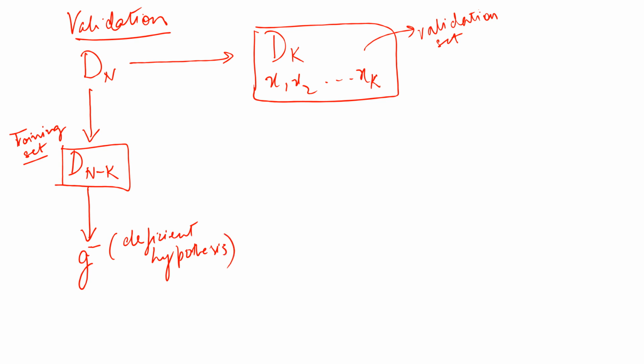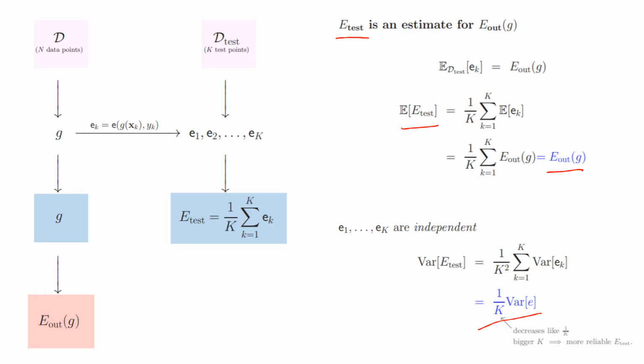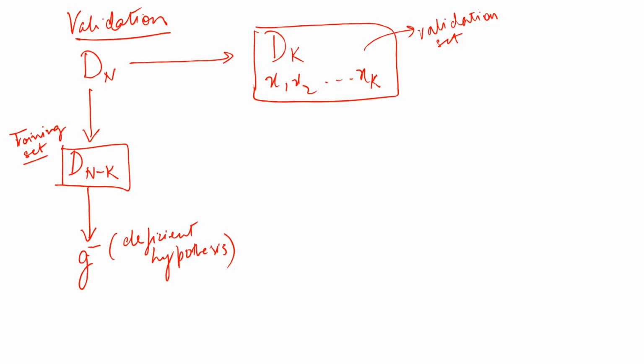Okay, so once I have this g negative, we follow a similar process to the one we adopted last time. There, based on the n data points, I picked the final g, and because the error is a function of g for each of the test points, I calculated this error, and then the average of the errors was my test error, right? So we are going to follow a similar approach, except that we don't have access to all the data.